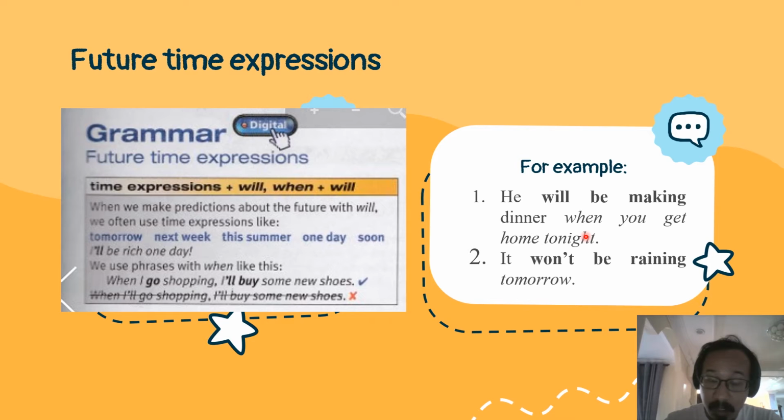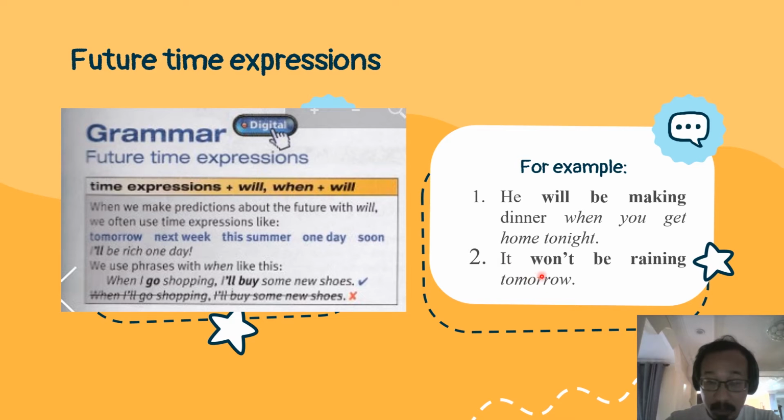So we are making a prediction, or maybe we're saying that it is definitely going to happen. He'll be making dinner when you get home tonight. Or let's say you're making a prediction: it won't be raining tomorrow. It will not be raining tomorrow. So you are making a prediction that it's not going to rain tomorrow.